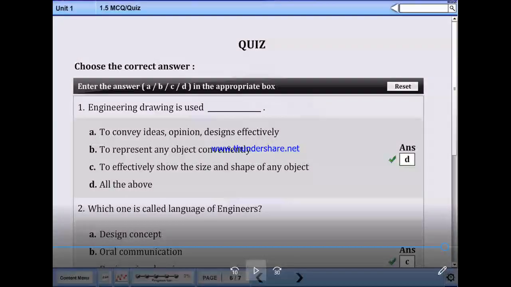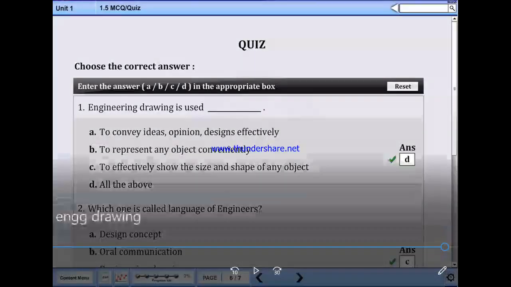So in this question, D is the answer because it is all of the above.